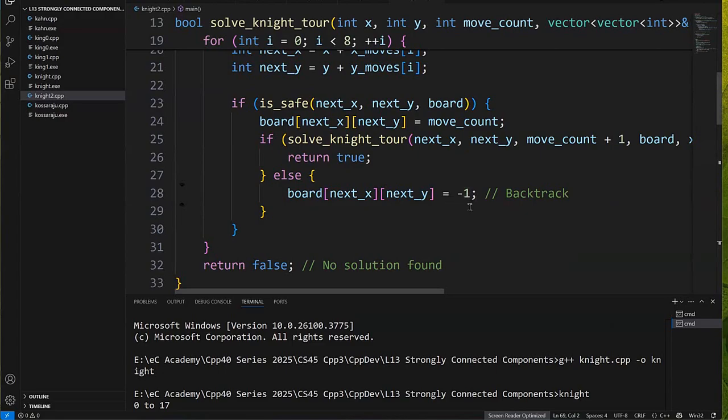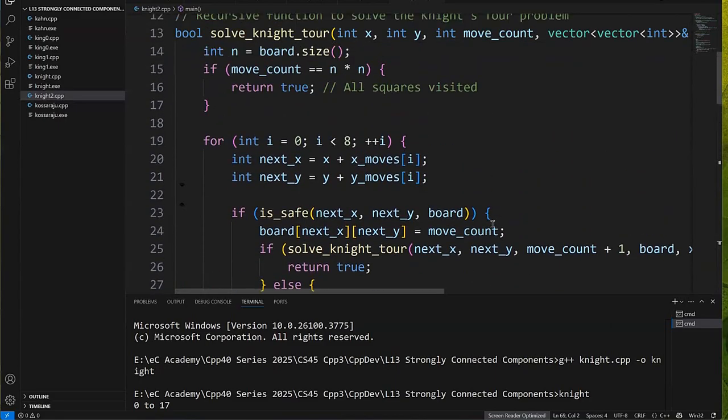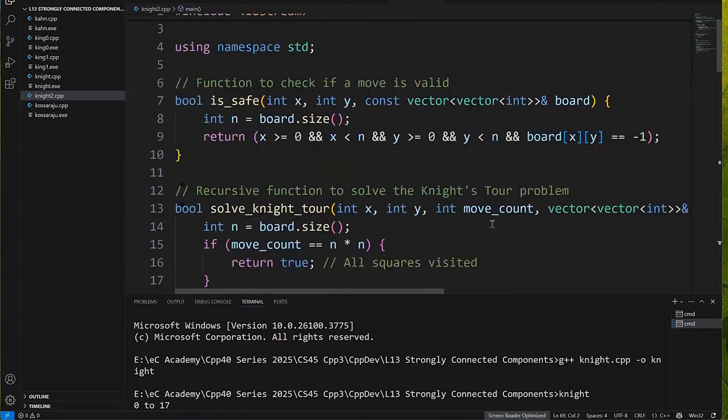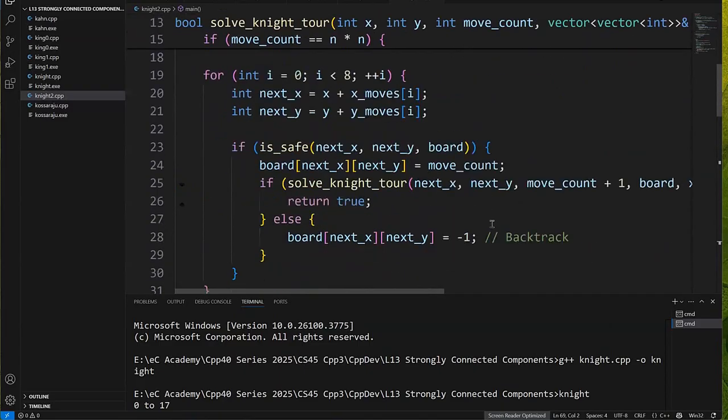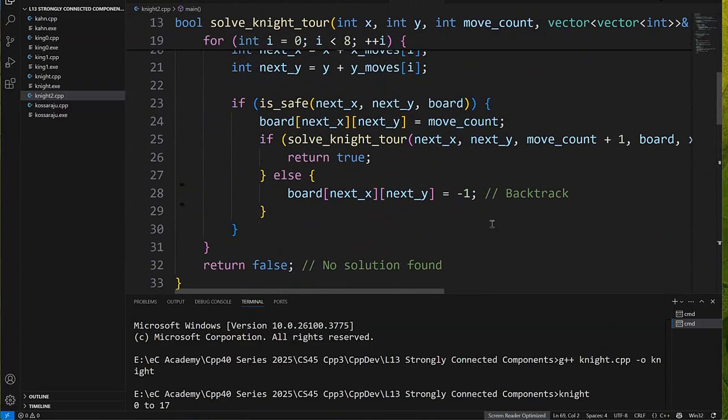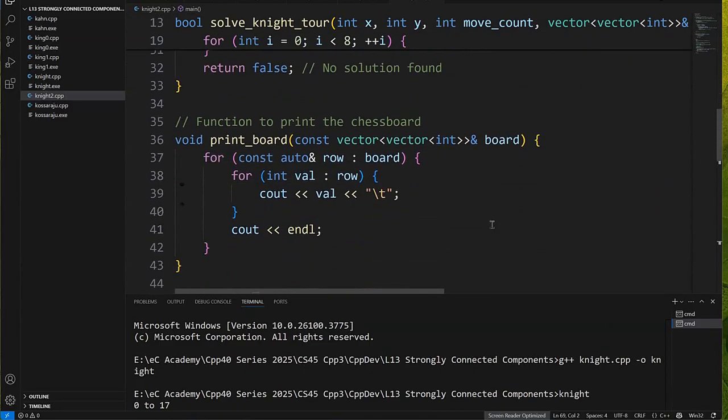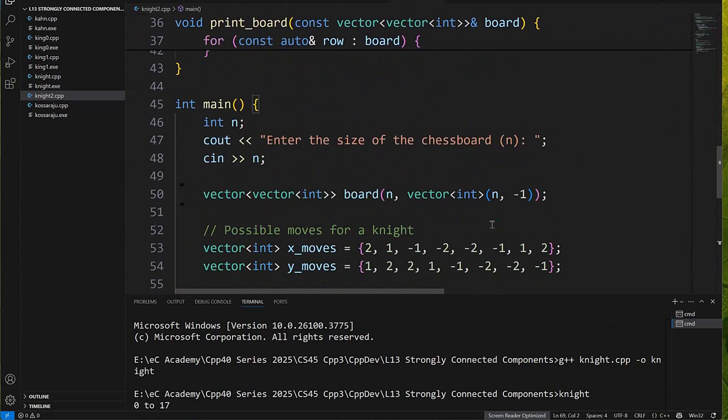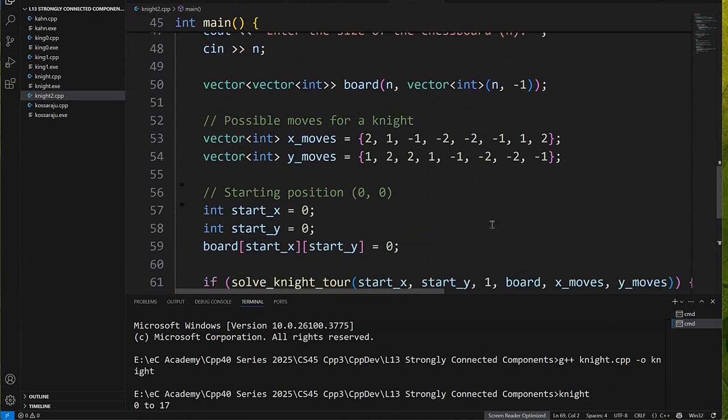Clean up the node. Okay, clean up the node to make the node available for the next move. So you go one by one until you reach that first destination that actually reach your so-called targeted location. Okay, then you solve the problem.